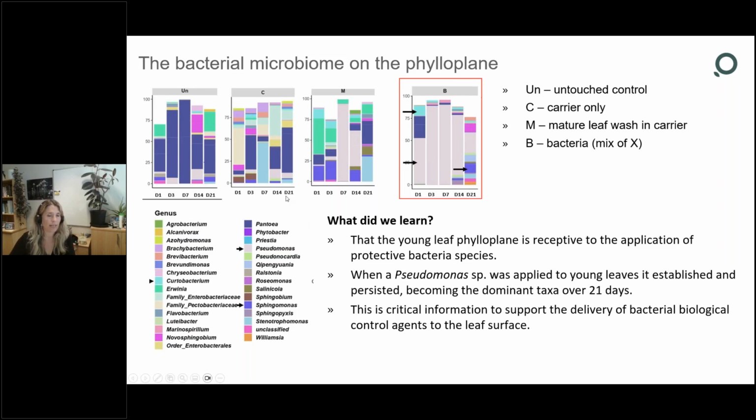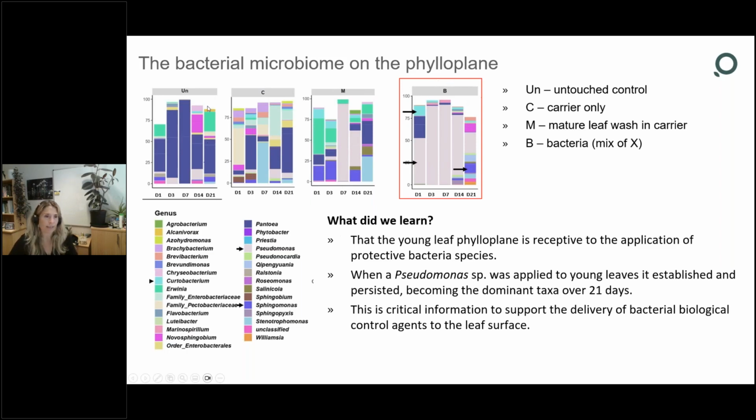And what Justine looked at was the populations, in this case I'm showing the bacterial populations on the leaves over time. So at the bottom you can see the days, so day 1, day 3, day 7, day 14, day 21, and you can see the untouched control, the carrier control, the mature leaf wash, and then the bacterial application.